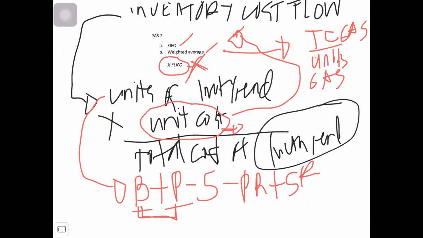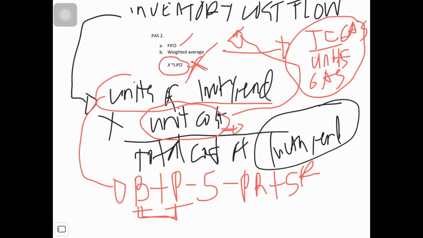The weighted average unit cost is equal to total cost over units of goods available for sale. So, the total cost of goods available for sale over units of the goods available for sale.